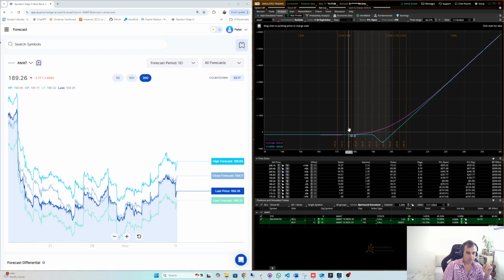Now, remember, your risk is $168 as long as you're not in the money here at expiration. And you see this thing potentially going to 199 for the high forecast and continuing and rocketing through. That's the potential for this trade. You have exponential movement upward.